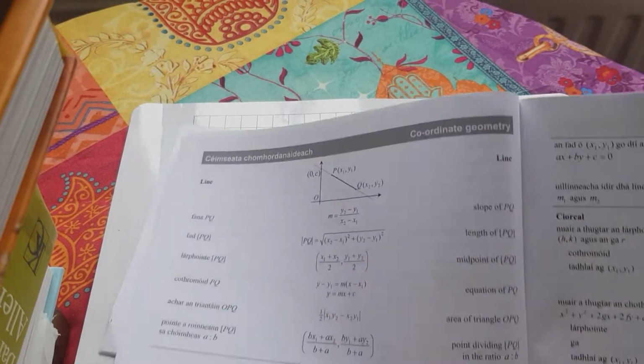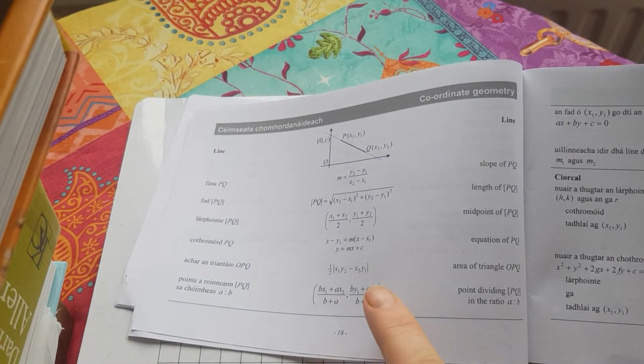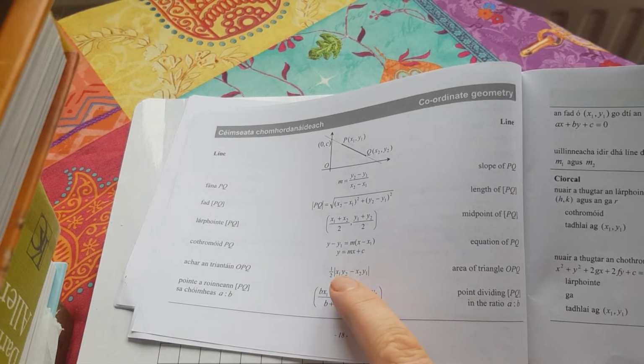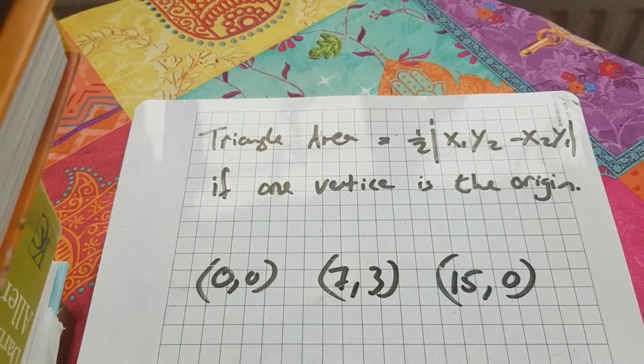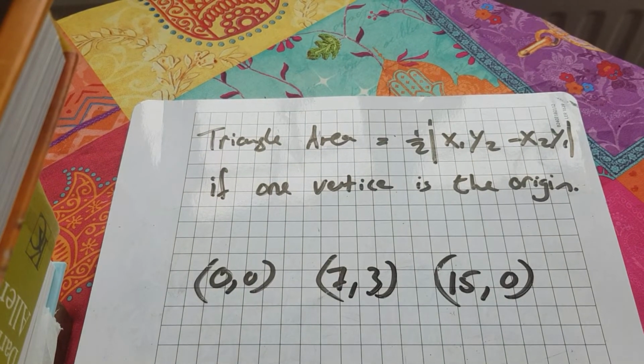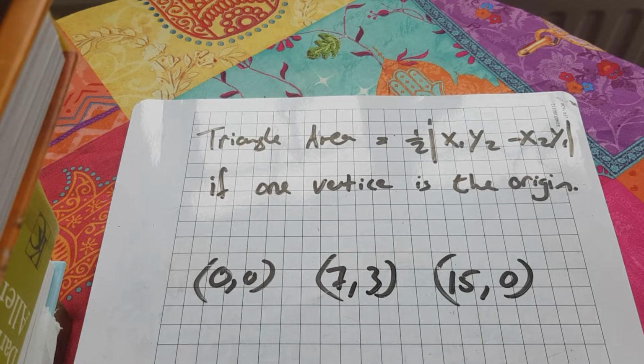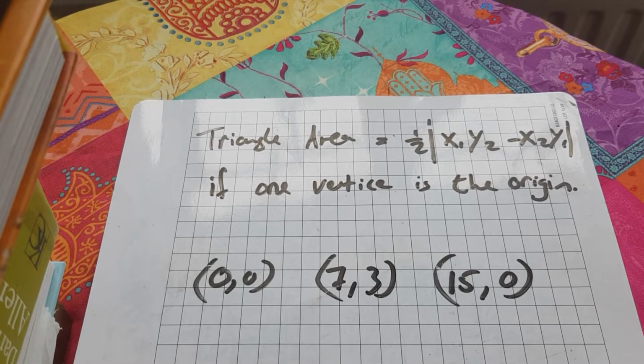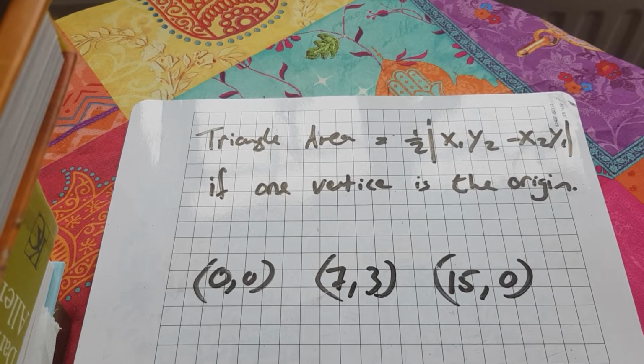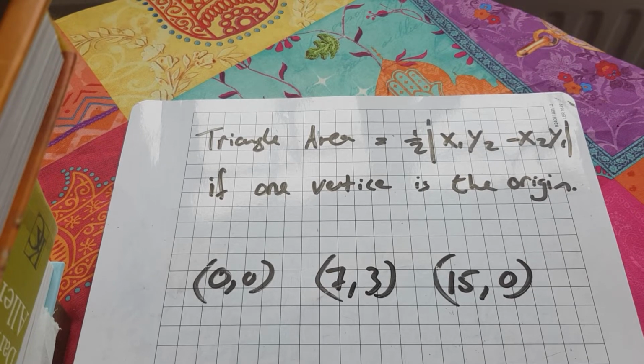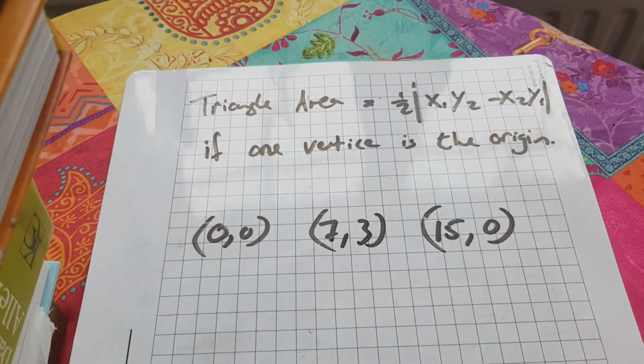It's there, page 18, area of a triangle. Now, they only give you x1, x2, y1, y2, but there are 3 vertices of a triangle. So we just need to make sure that one of those vertices is the origin. Now in this case, this one is, 0, 0.